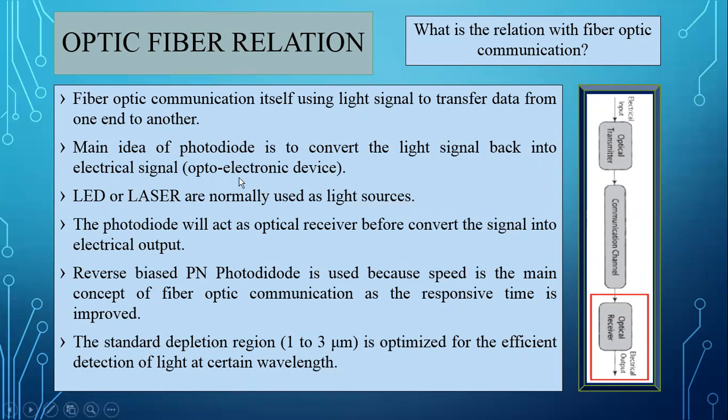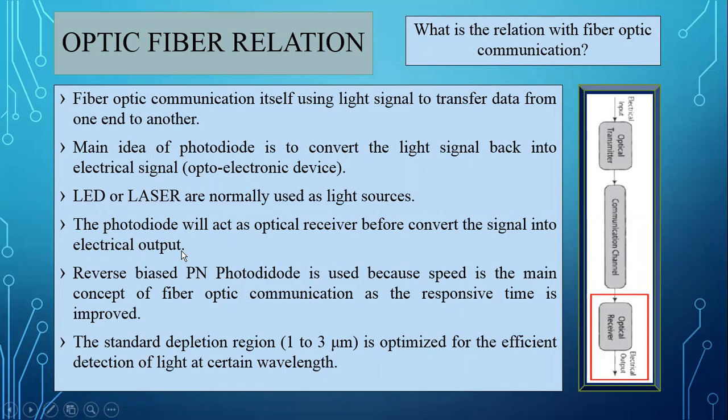So we call this an optoelectronic device. LED and laser are normally used as the light source in the fiber optic. So the PN photodiode acts as the optical receiver of the light before converting the signal into electrical output.